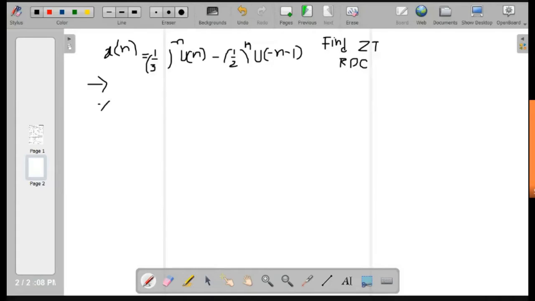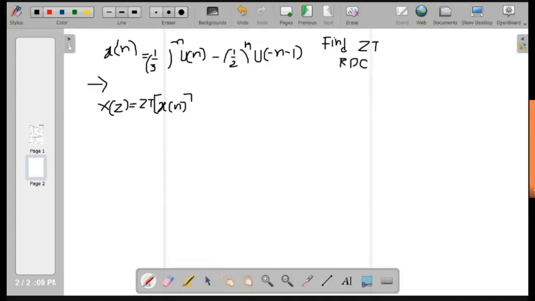So X of z, or you can say the Z transform of x of n, is nothing but ZT of x of n. All are supposed to write along with me.